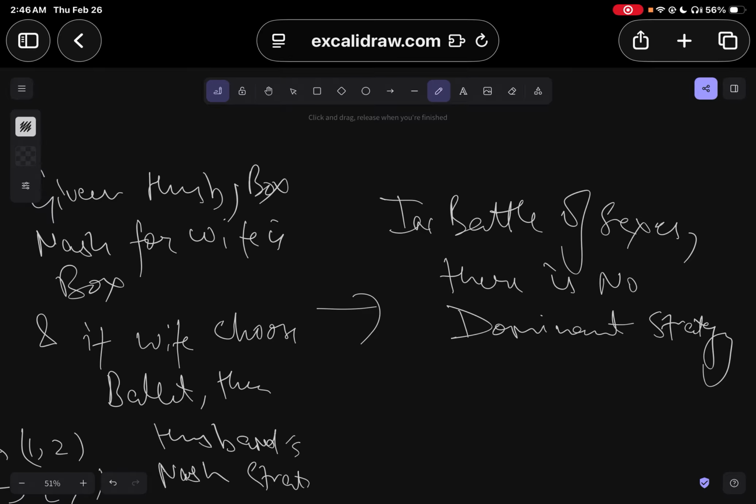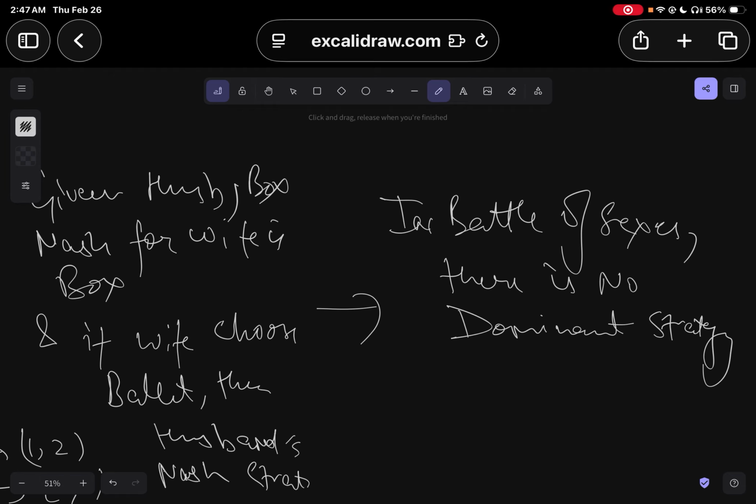And given the husband has chosen ballet, the Nash strategy for the wife is to choose ballet. Similarly, if the wife has chosen boxing, then the husband's Nash strategy is boxing, and if the wife chooses ballet, then the husband's Nash strategy is ballet.